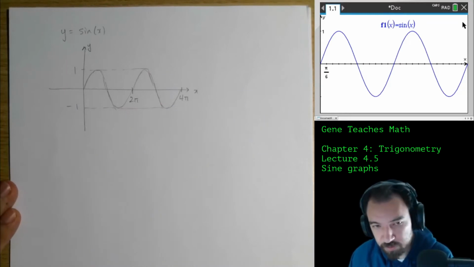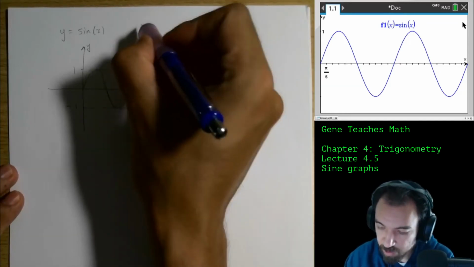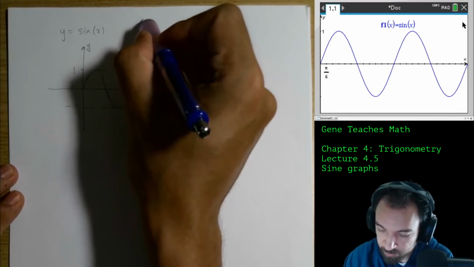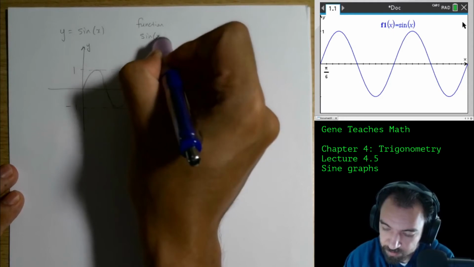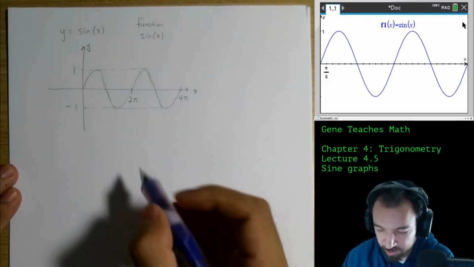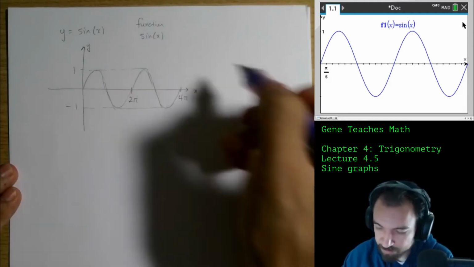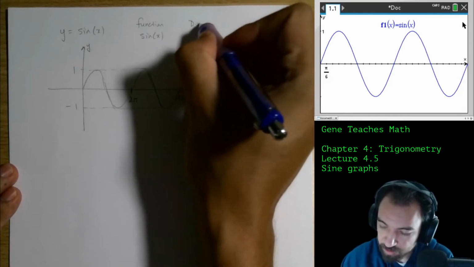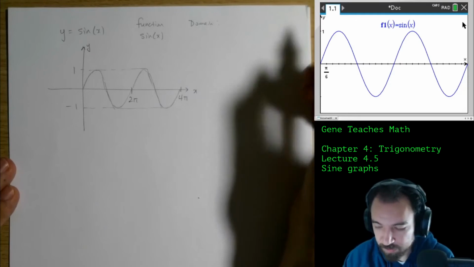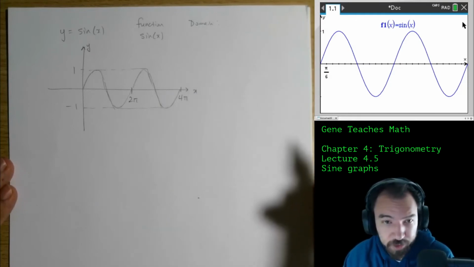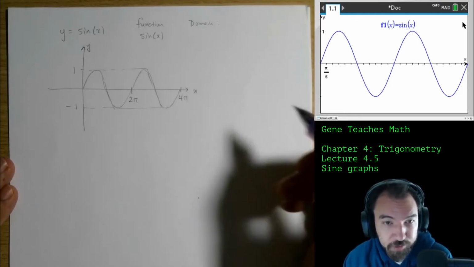And in fact, I've been relatively silent on this point up until now, but if you look at the function sine of x, right, we can call it a function. It has unambiguous outputs. It has a domain of literally all real numbers, because I can have any positive angle. Big angles mean I'm going around the circle multiple times.